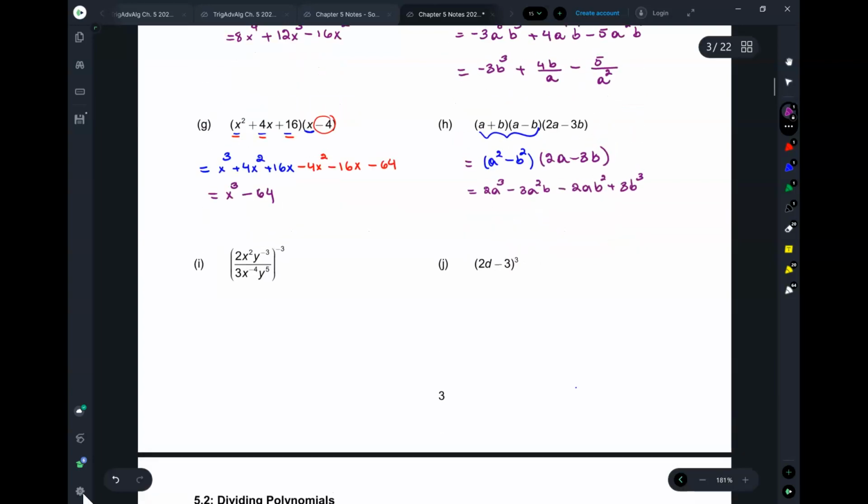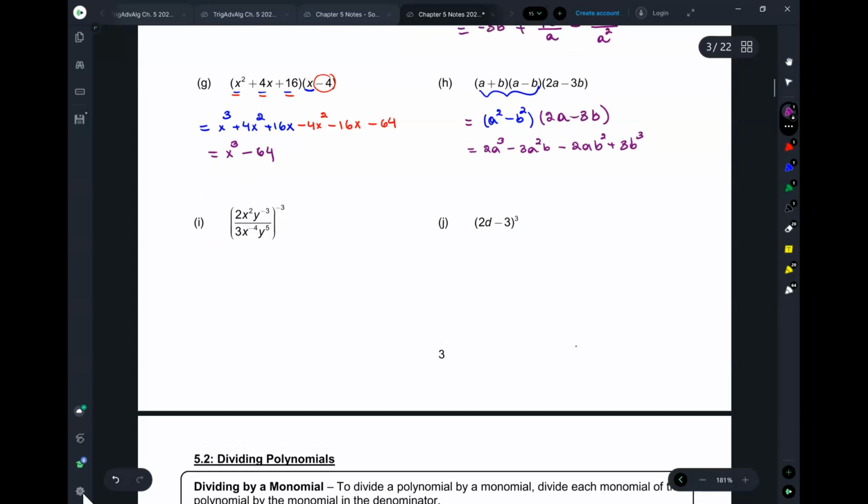Okay, this one, I love these ones. First I like to go inside and do the insides. So here, this is to the power of 3. We have the 2 and the 3.